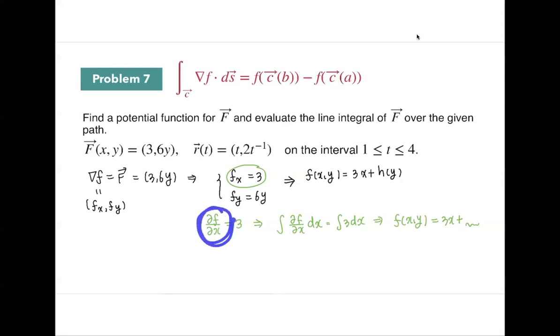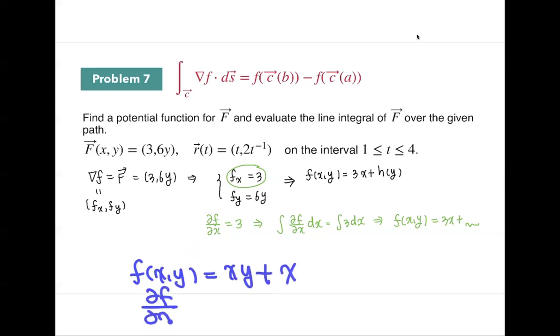when you say df dx, let's think about f of x, y, and when you calculate df dx, we think of y as a constant, right? For example, let's say that f of x comma y is xy plus x, then we calculate df dx, we assume that y is a constant, so the derivative of 3x is just 3.